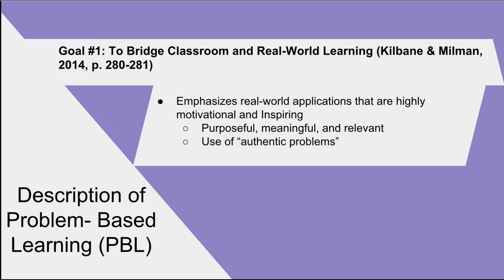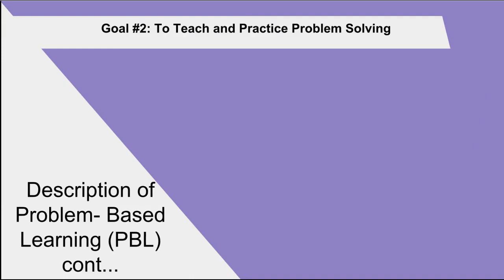This is why authentic problems are best to use in problem-based learning models. What are authentic problems? They are problems that are real and important to students, appropriate in size and scope, and foster student curiosity.